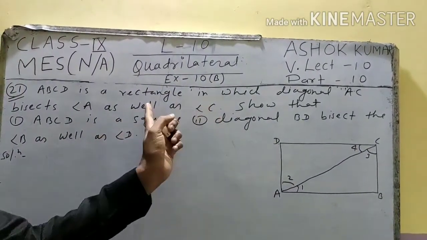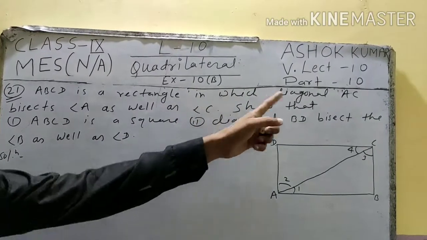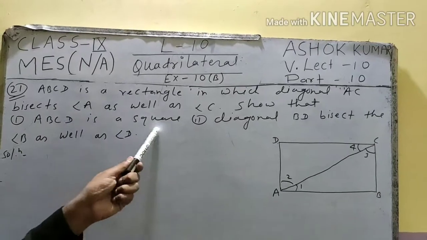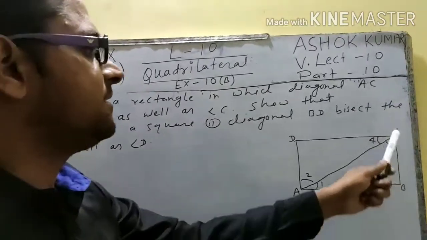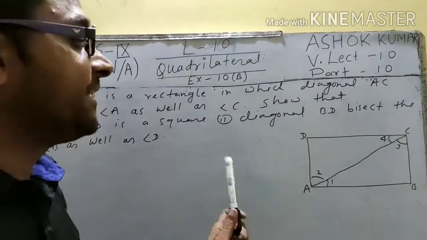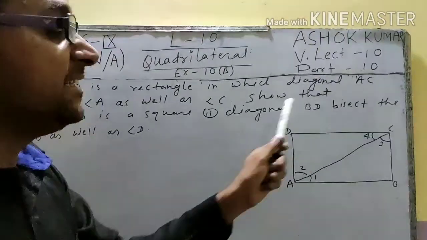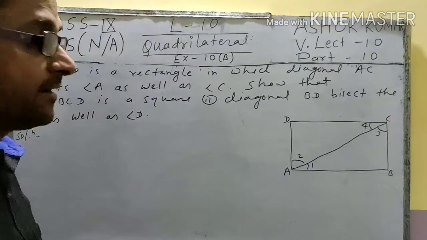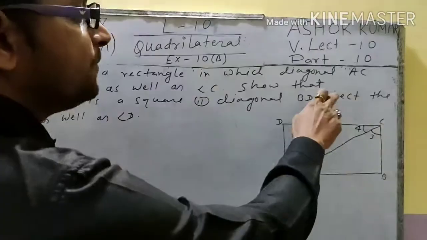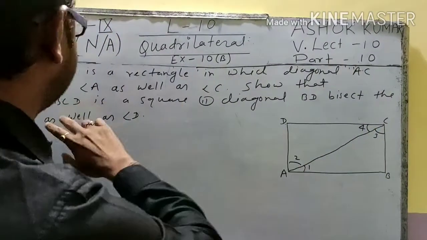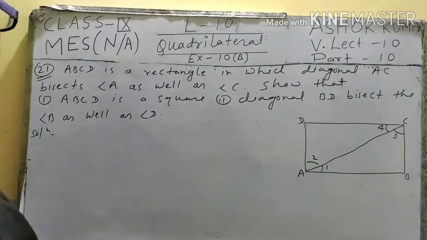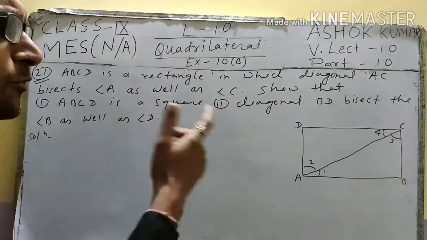We have to prove that ABCD is a square. Here ABCD is a rectangle, but you have to prove ABCD is a square. Then diagonal BD bisects angle B and angle D. Okay student, let's start. How to solve this question?